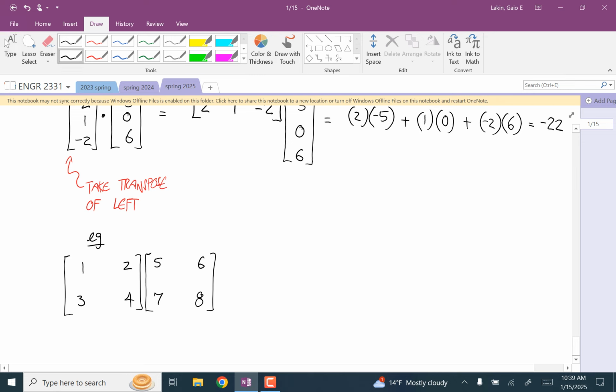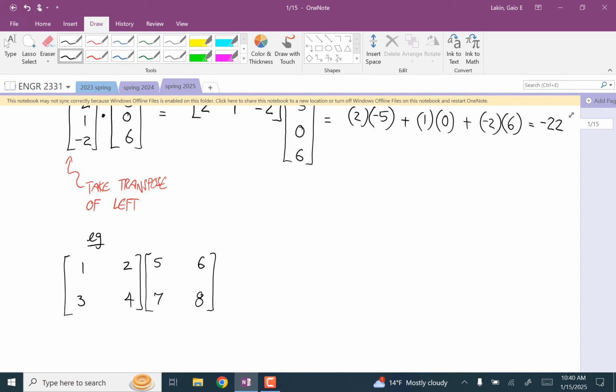These dot products are going to give us, so we're going to take the ith row of the left matrix and dot product it with the jth column of the right matrix, and that's going to give us the ij element of the product.